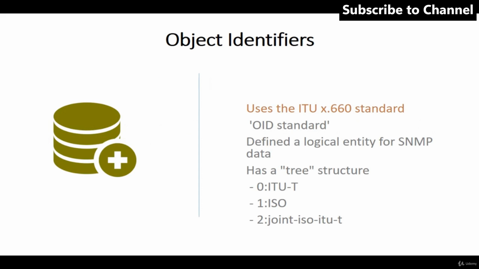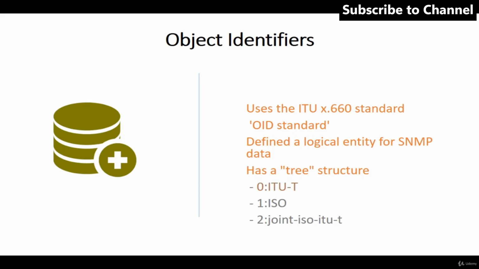Object identifier uses the ITU-T X.660 standard. It's called the OID standard if you'd like to look it up. Basically, an object identifier in the world of SNMP defines a logical entry for SNMP data. And it has a tree structure that you will see in some of the upcoming slides. The very first number in the OID determines which organization controls all of the subsequent downstream items.